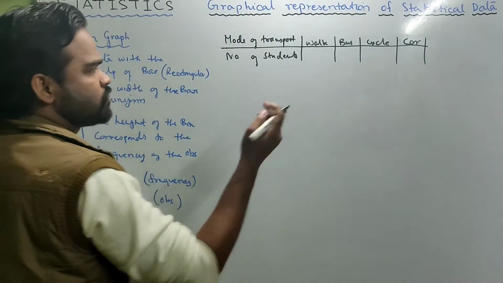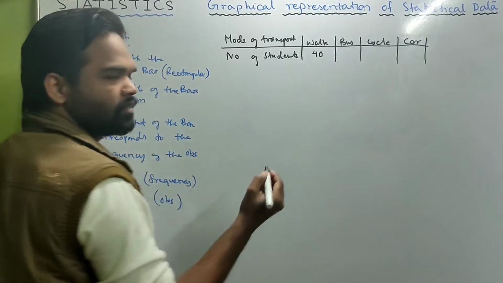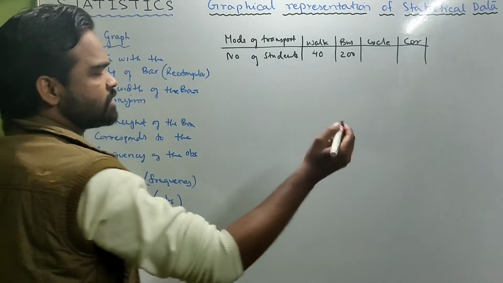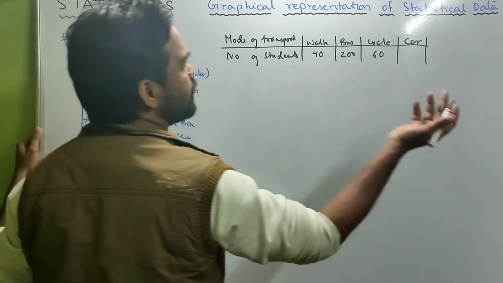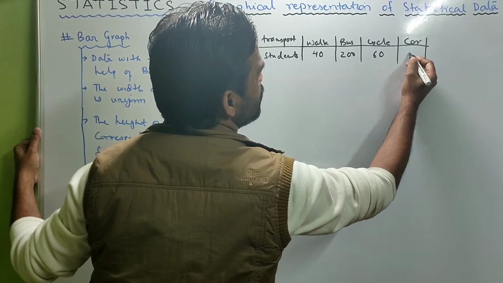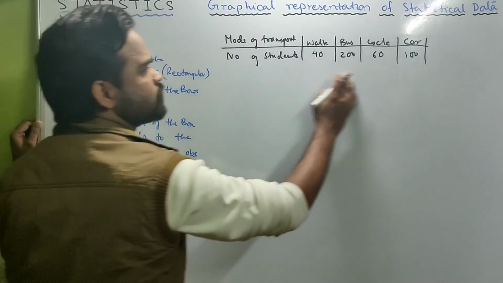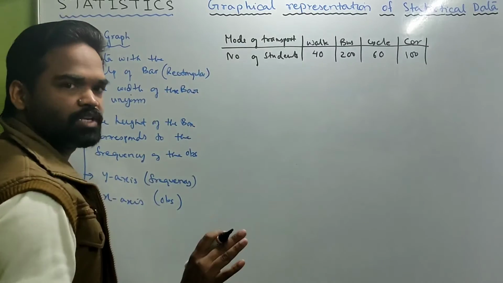Number of students going by walking is suppose 40, taking the bus is suppose 200, cycling is suppose 60, car is suppose 100. These are the number of students who are using different modes of transportation.